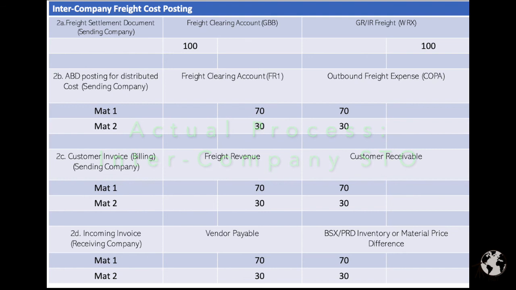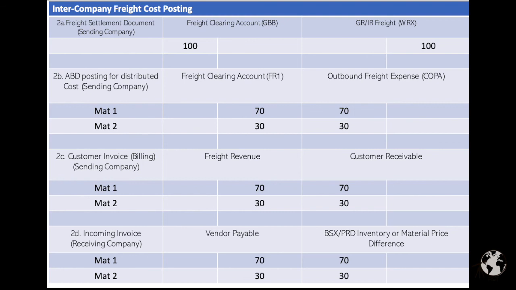Initially the freight would be organized by the sending company and they will pay the freight vendor for the freight cost, and then they will charge the receiving company for the same through an intercompany invoice, and it will then eventually affect the receiving company's inventory.